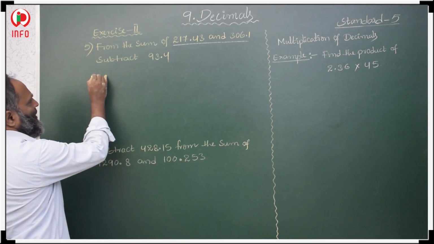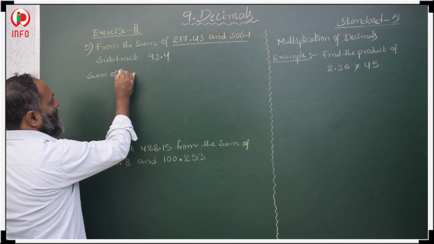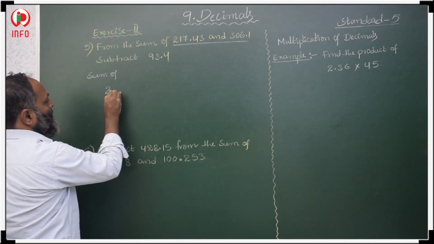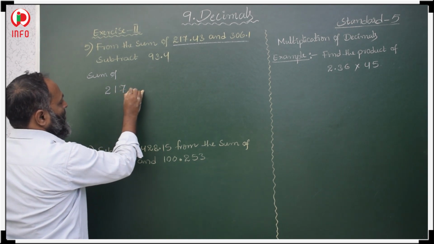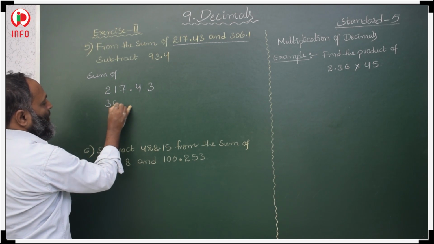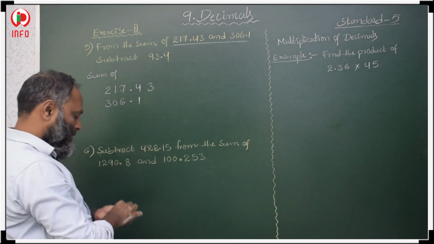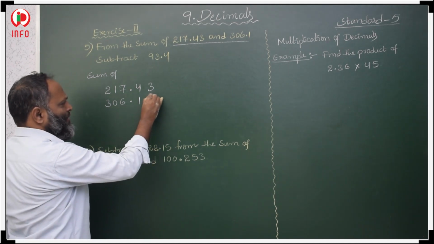That is 217.43, and after that 306.1. Here there is no hundredths place, so 0.